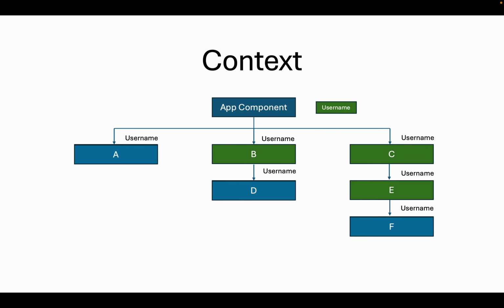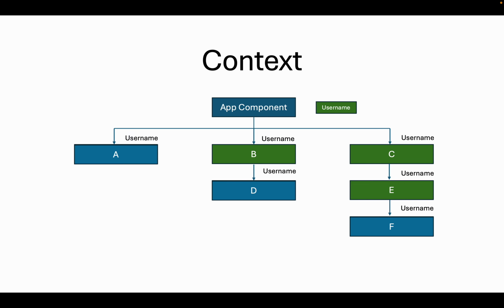Like there is no need of username in component B, there is no need of username in component C and E. But still what I am doing here is I am passing my username through each and every component because my requirement is to show that username in the A, D and F components. What would happen if there was some sort of thing in which I can make the username available all along the full application?